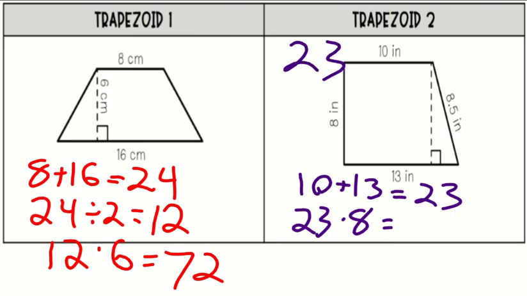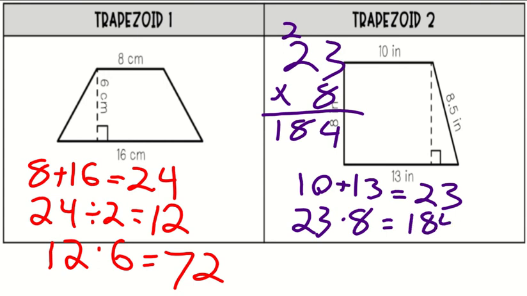So when we do 23 times 8, we got 184. Then we can divide that by 2. In this case, that gives us 92.